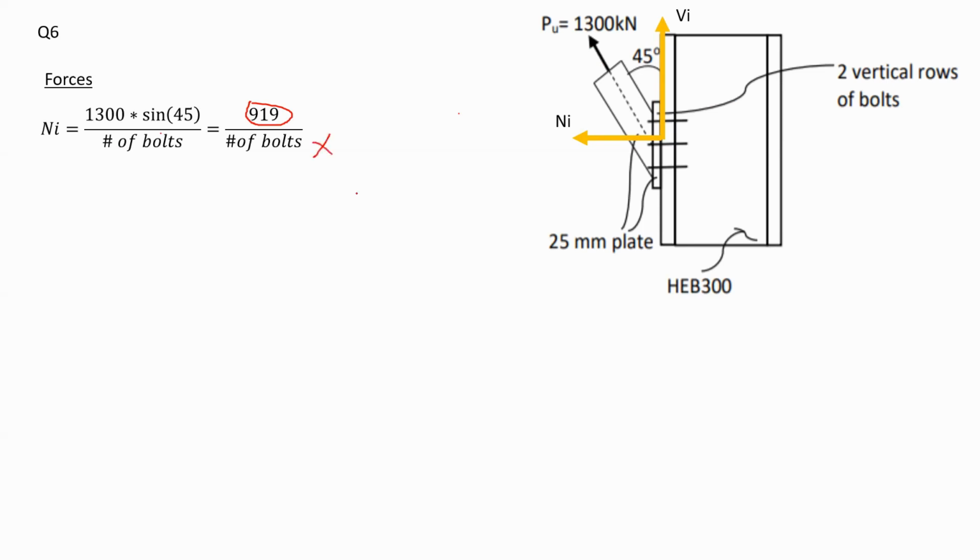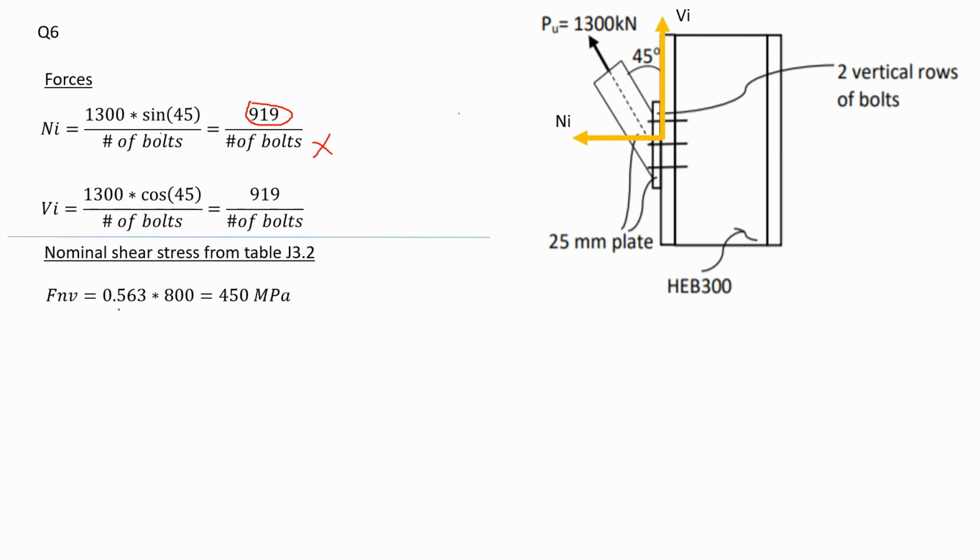You can call it X, whatever you want. Now we can check VI, the shear force on each of the bolts. That is 1,300 multiplied by cosine 45 to get the component of this force, shown in yellow, and divided by the number of bolts again. So that one is again 919 divided by the number of bolts. Now I have the forces on my bolts, NI and VI.